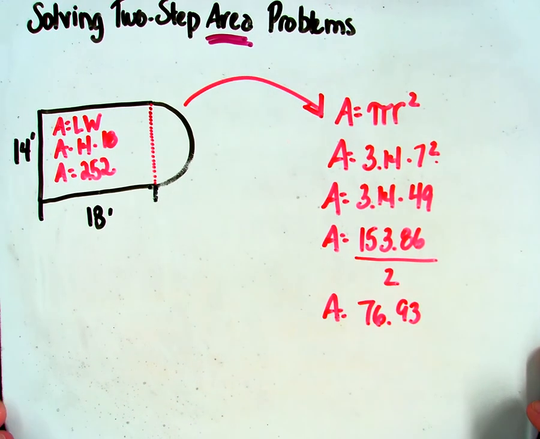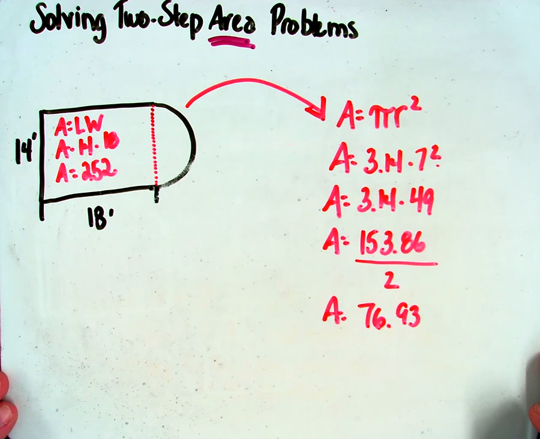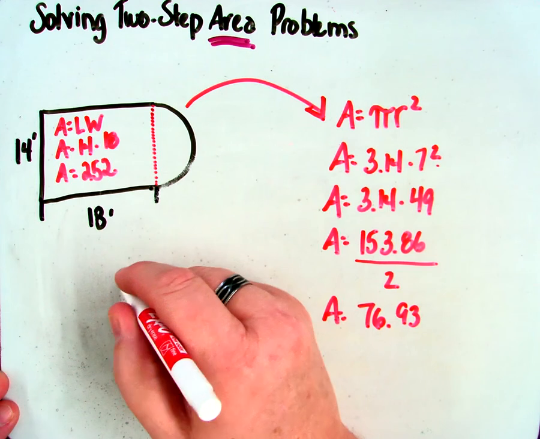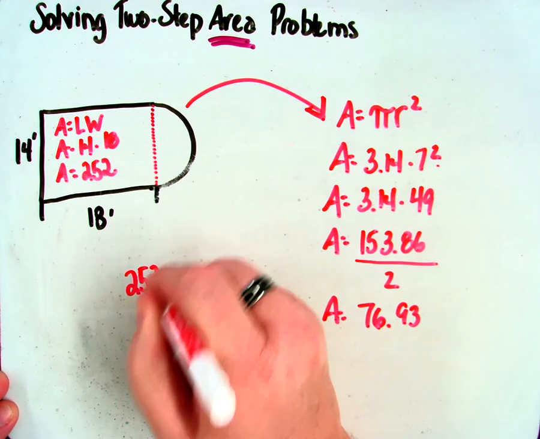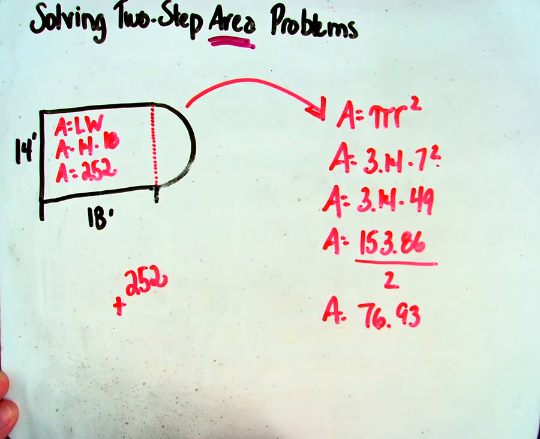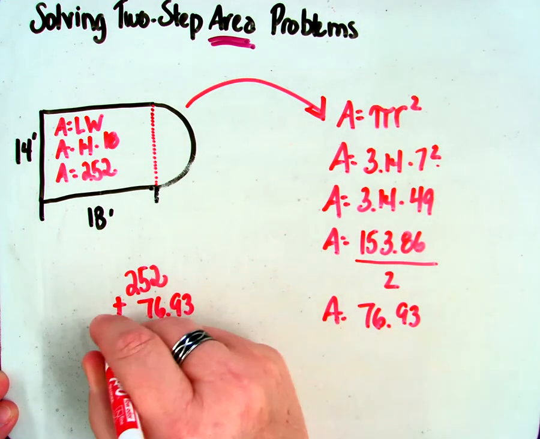Now what do we do? Yes, we add the rectangle and the half circle. The rectangle is 252 and the half circle is 76.93.